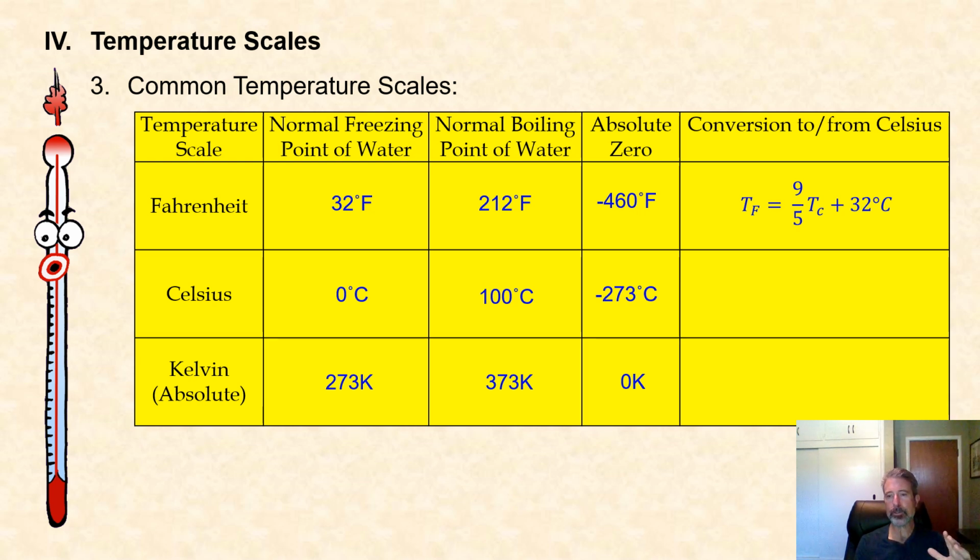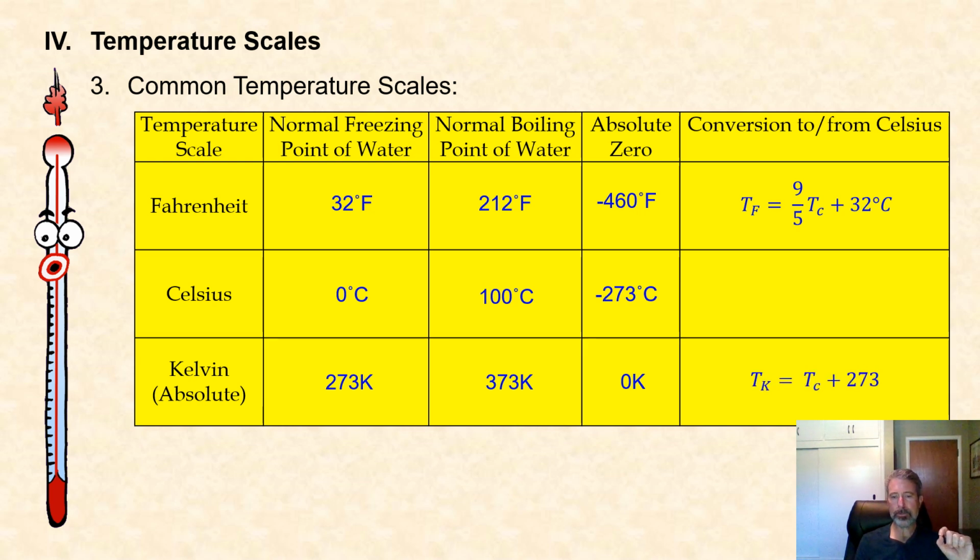So basically, it turns out that a Fahrenheit degree is related to a Celsius degree by this factor of 9/5. You can use this expression to go from Fahrenheit to Celsius, or from Celsius to Fahrenheit. It just means you have to solve it for Celsius temperature, which can be done.